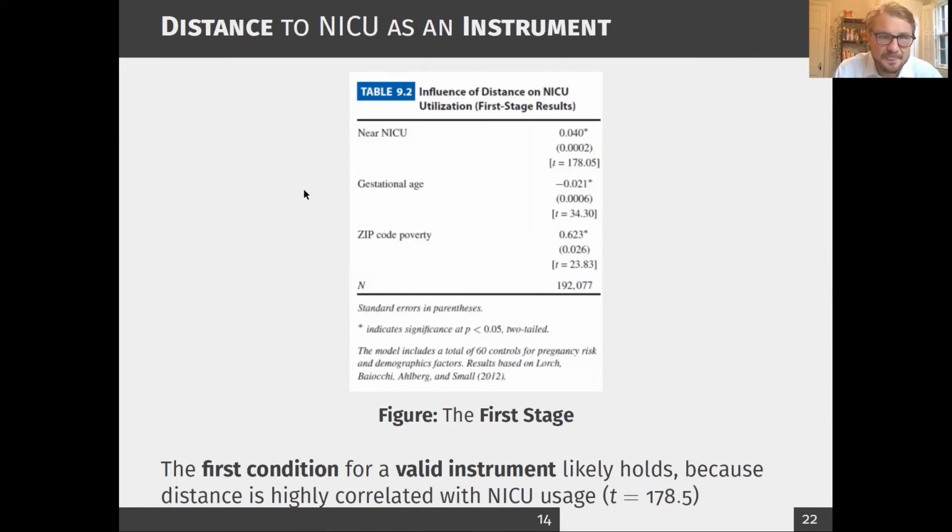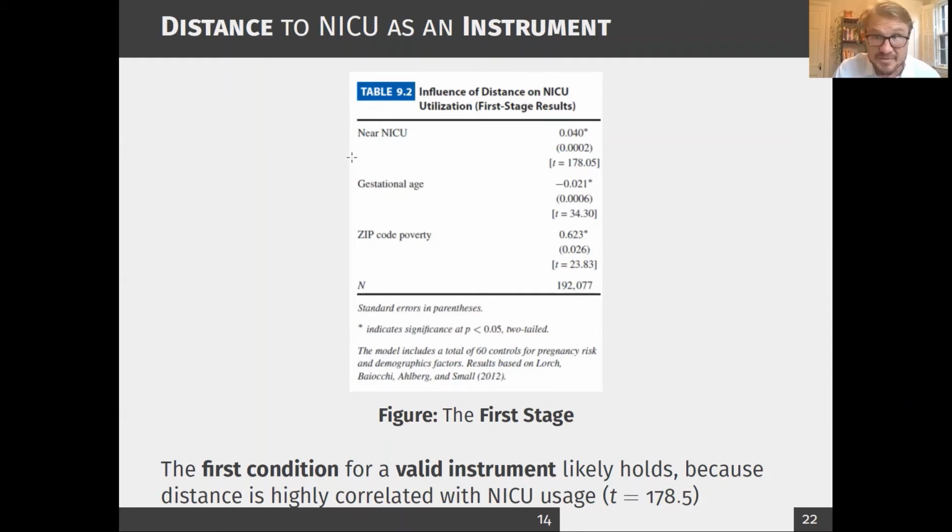And so what we can do is use distance to the NICU as an instrument. Near NICU is a binary variable equal to 1 if somebody lives close to it. Here we see the first stage regression, where the left-hand side variable is whether somebody is using the NICU, and the instrument on the right-hand side is whether somebody is close to it or not.